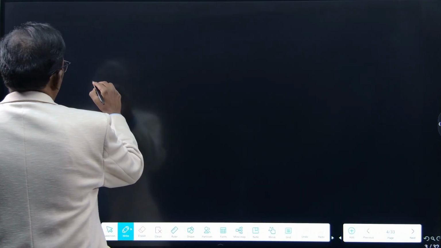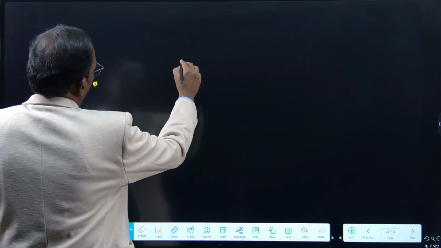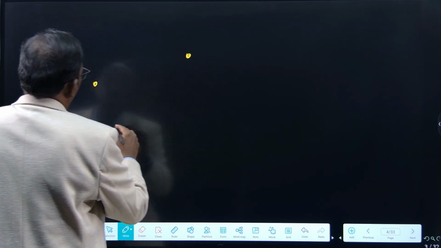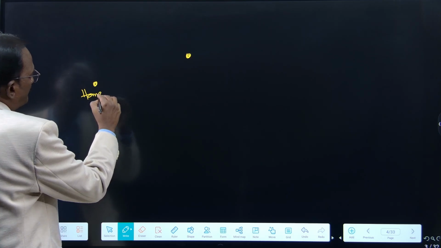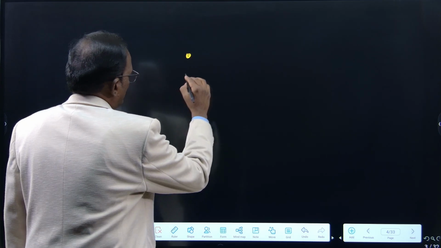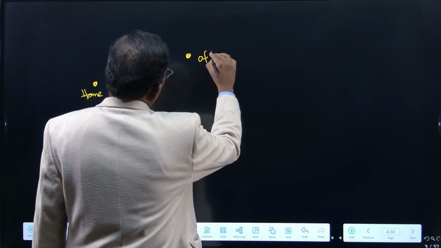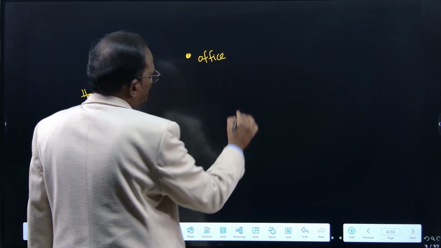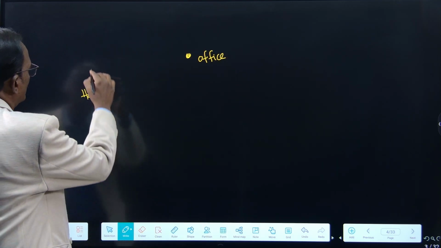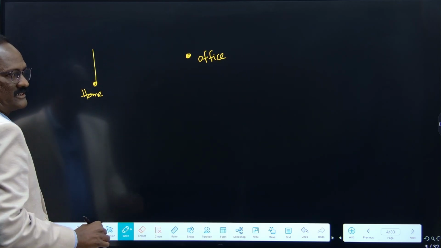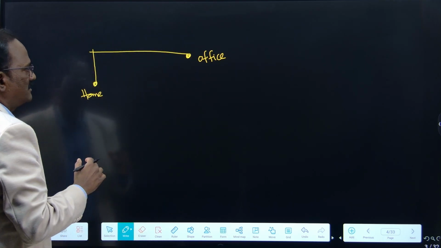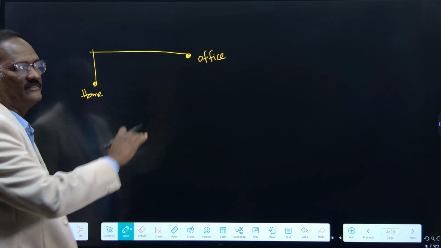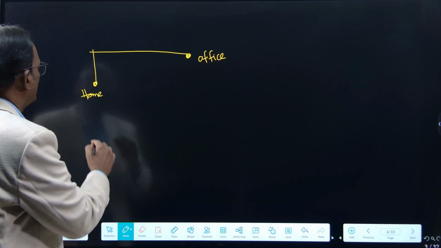Let me take one simple example. Whereas these are the positions, let it be the home, one person. This is his office. He walks in this direction, this way, because straight away he cannot walk.